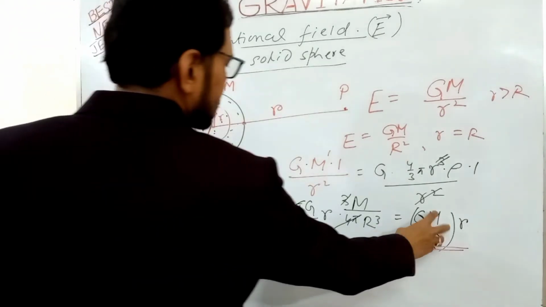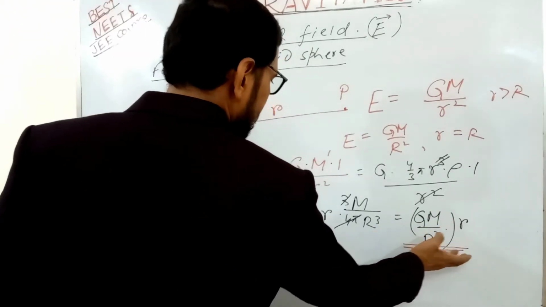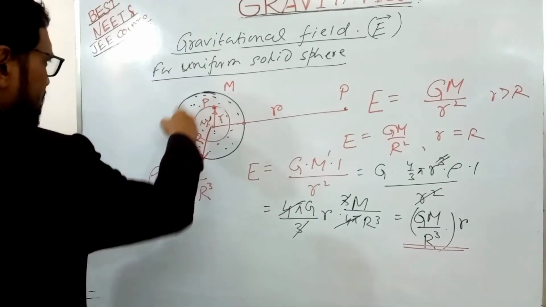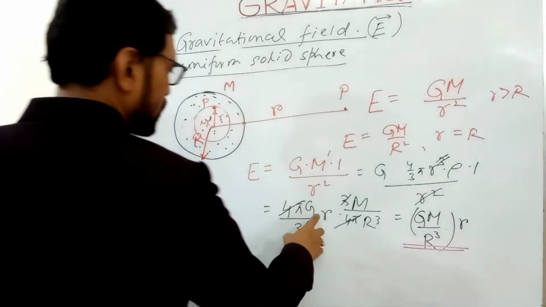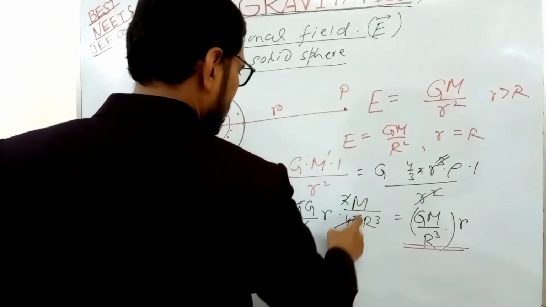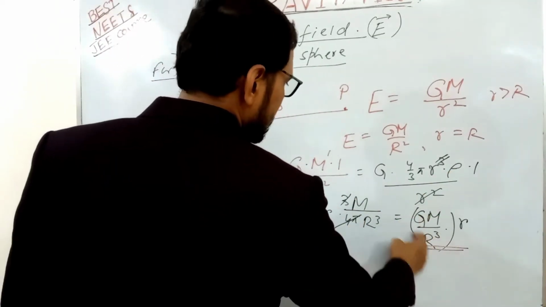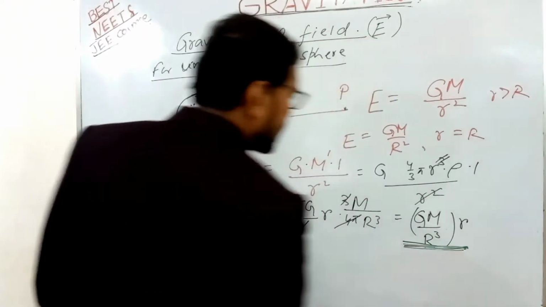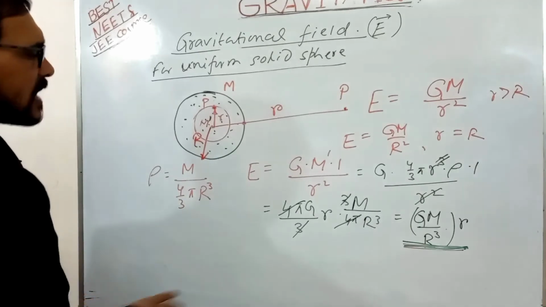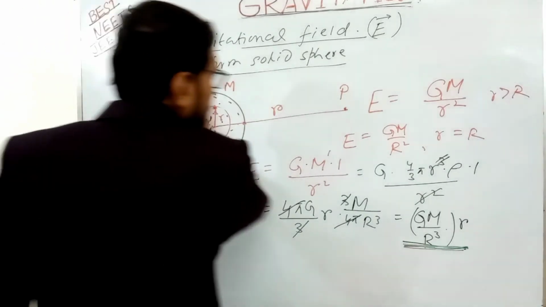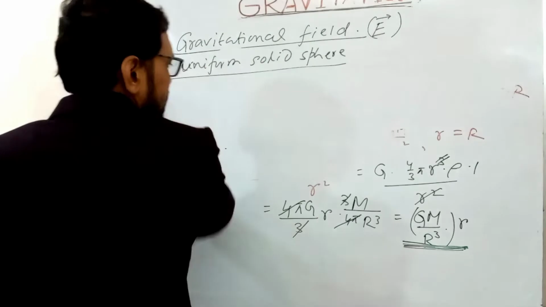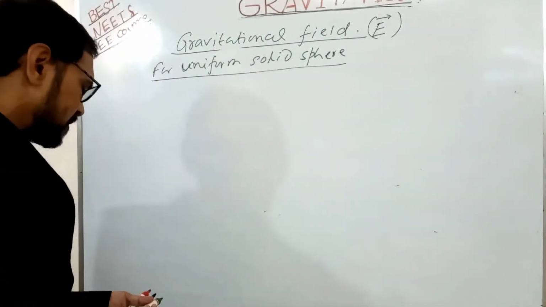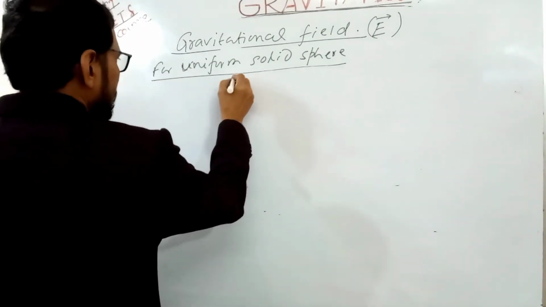We have to write the gravitational field in terms of M. So density equals mass by volume, put here rho as mass by volume. By simplification we get this result, GM by R cube into small r. Now what is the graph of this? What is the graph of how the gravitational field varies with r? The graph will be like this way.